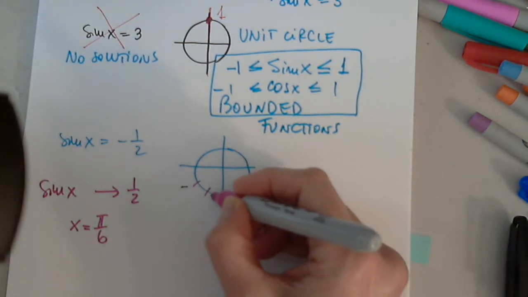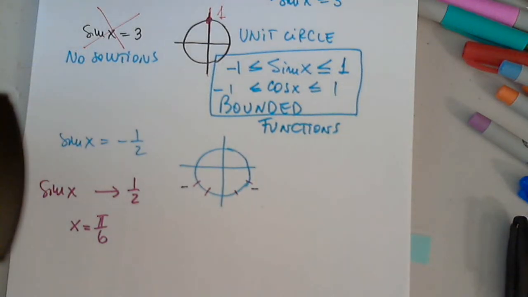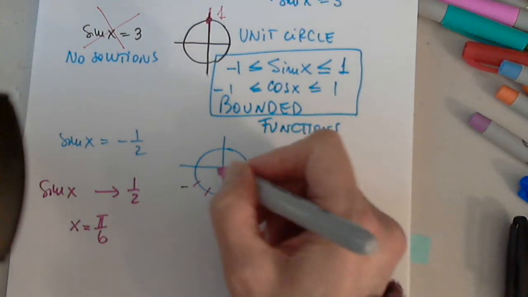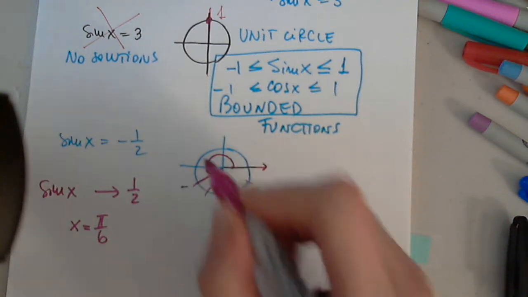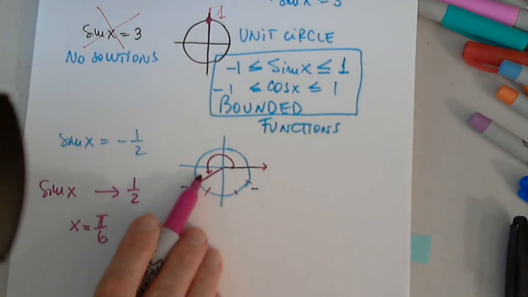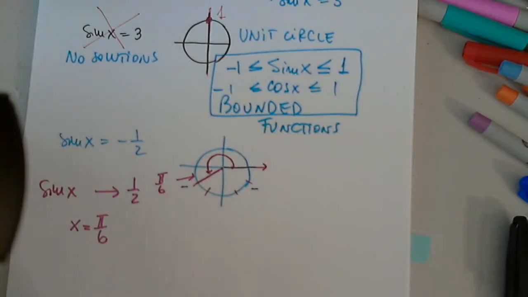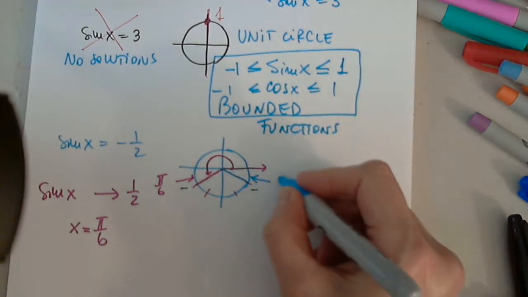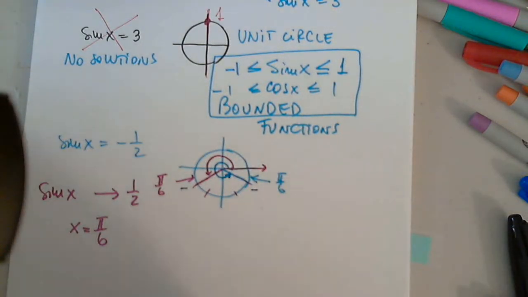Then I always start from the x-axis, the positive side, and I have to end so that the reference angle is pi over 6. And again, I start at the same position, and I have to end where the reference angle is pi over 6. So this will be the second possibility.